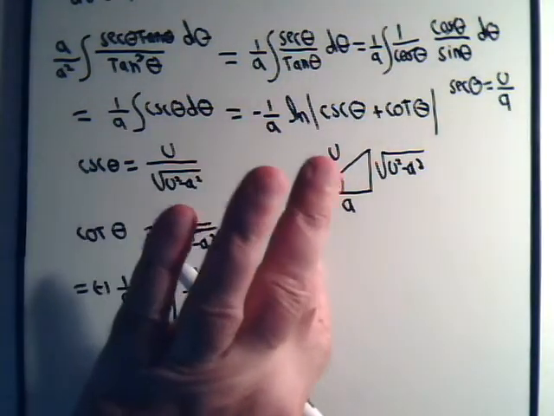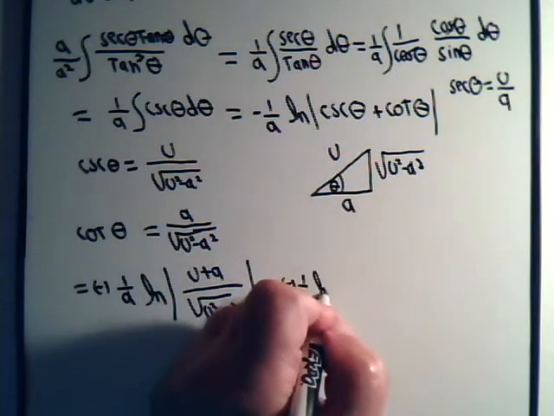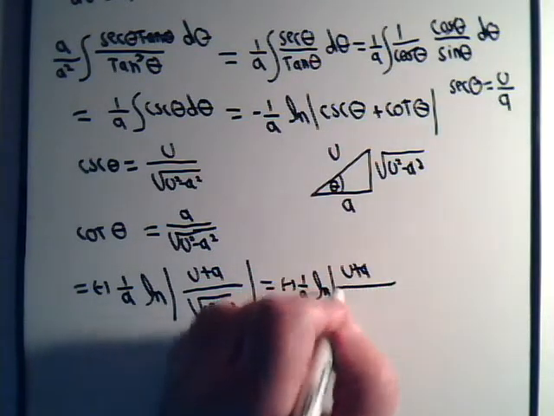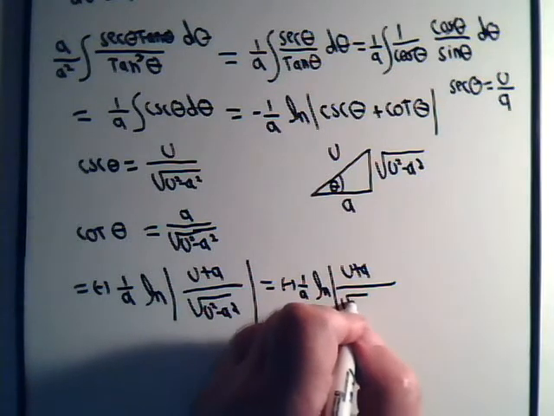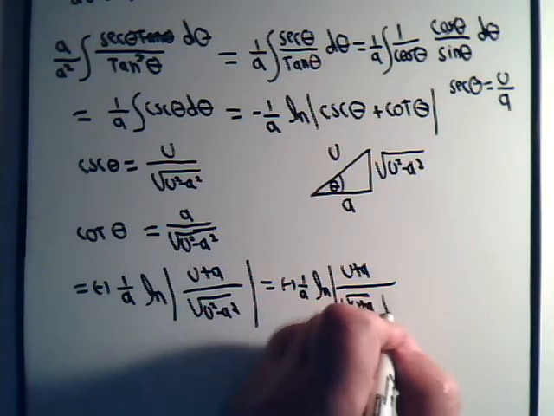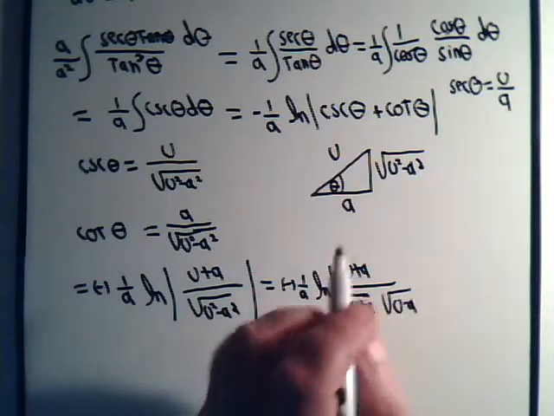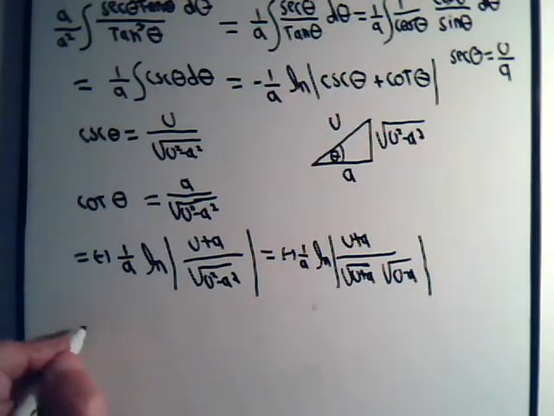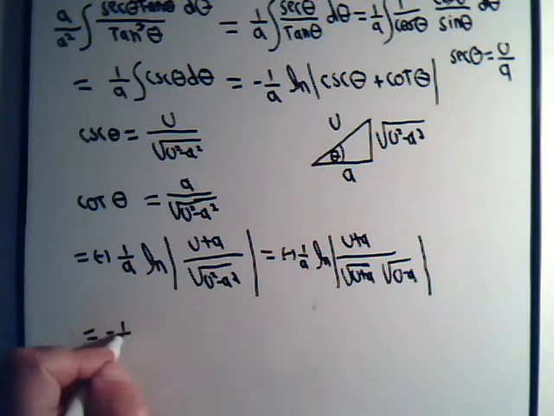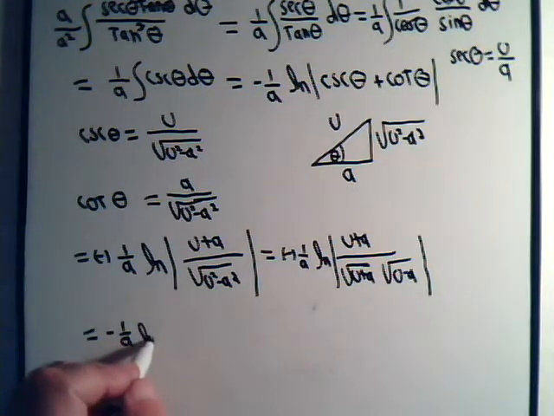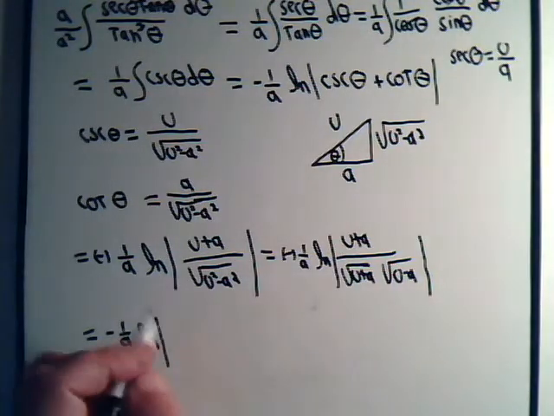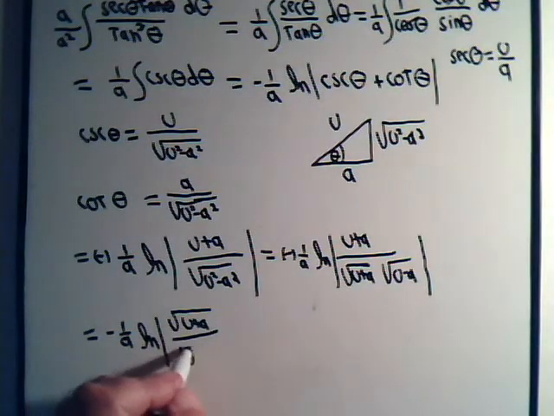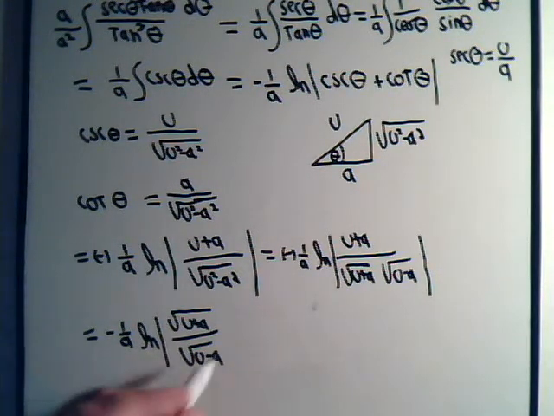So this would equal minus 1 over a, the natural log of u plus a divided by the square root of u plus a times the square root of u minus a, and that will be equal to minus 1 over a, the natural log, this will be the square root of u plus a divided by the square root of u minus a.